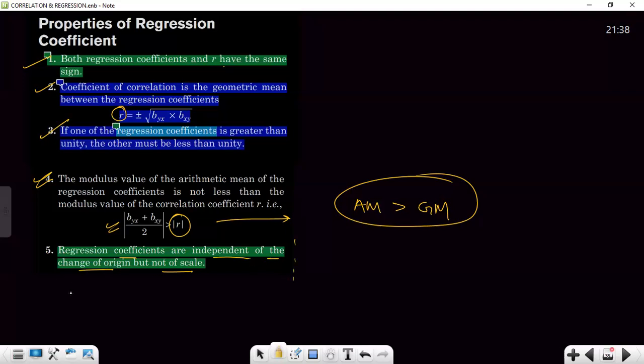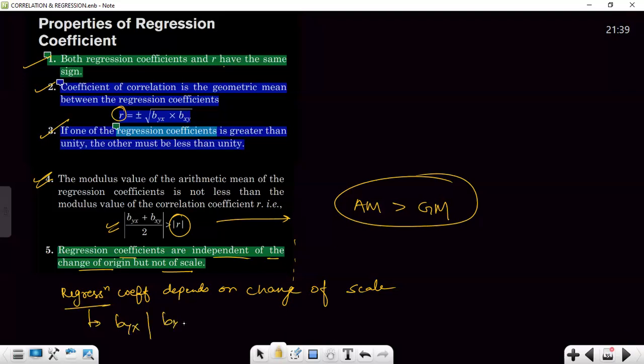So the regression coefficient depends on change of scale. The correlation coefficient is R. The regression coefficient is BYX or BXY.